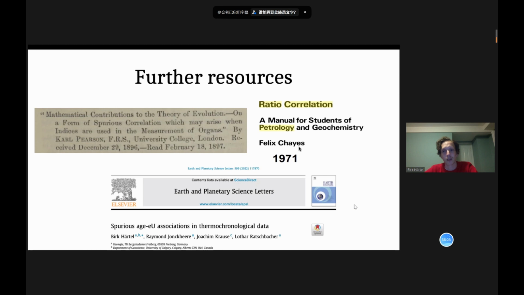It's meant as a textbook for students and shows basically this problem of ratio correlations, also using examples from geochemistry, from petrology, and other parts of geology. And then there's, of course, the paper that we wrote, which is more specific on thermochronological data, which was published a few weeks ago in Earth and Planetary Science Letters.